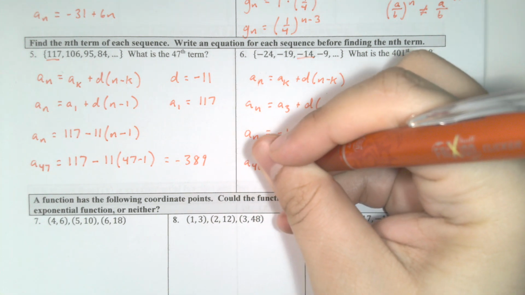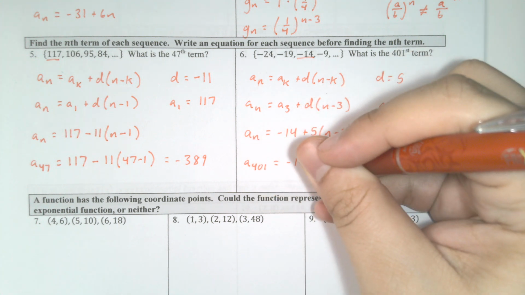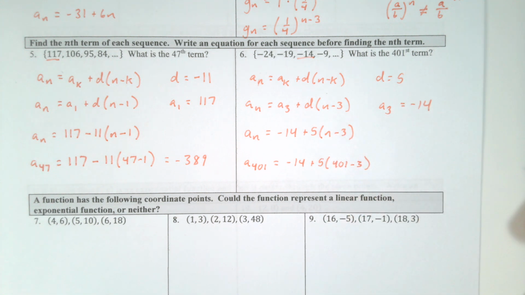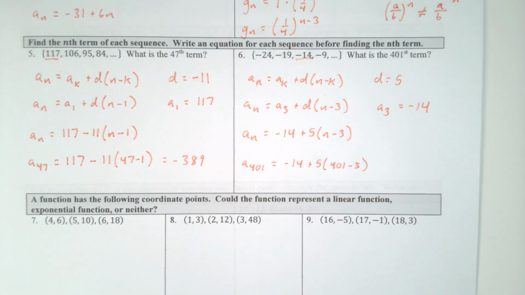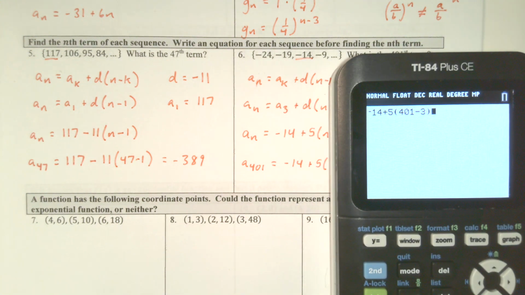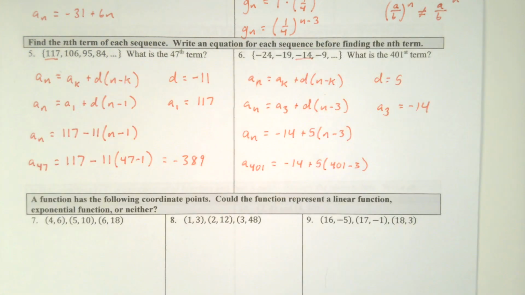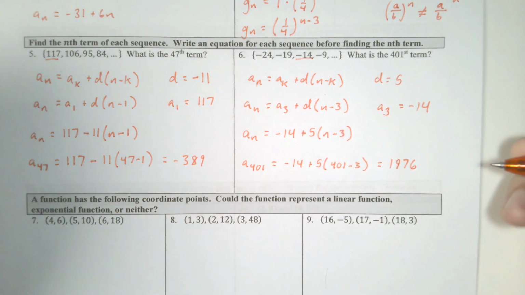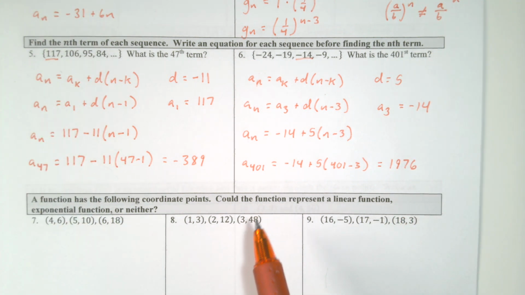So a sub 401 is equal to negative 14 plus 5 times 401 minus 3. And going back to the calculator, typing that in, we get 1,976. So that is the 401st term to this sequence.